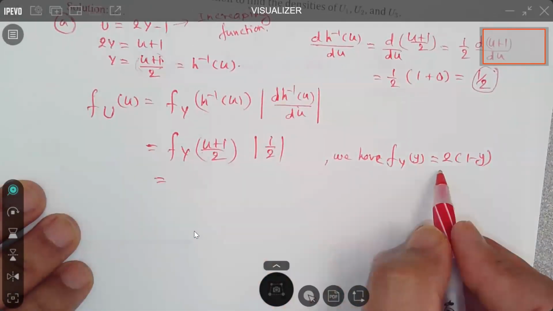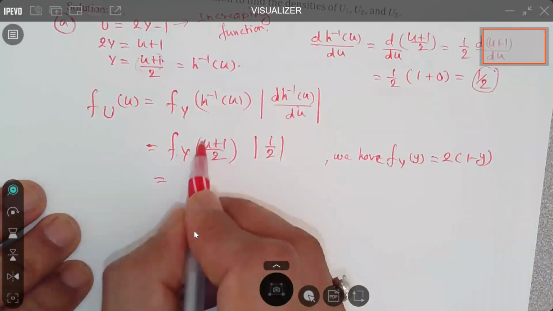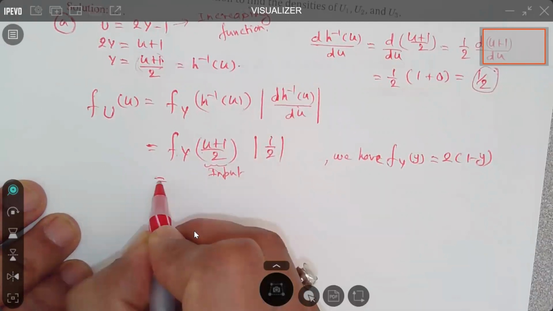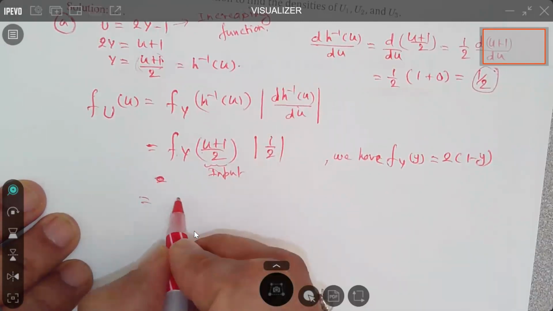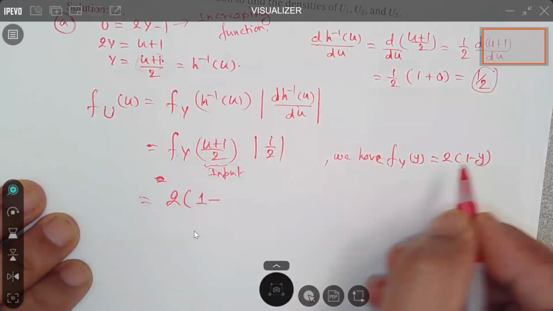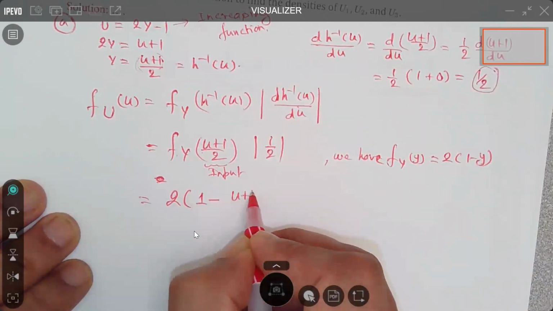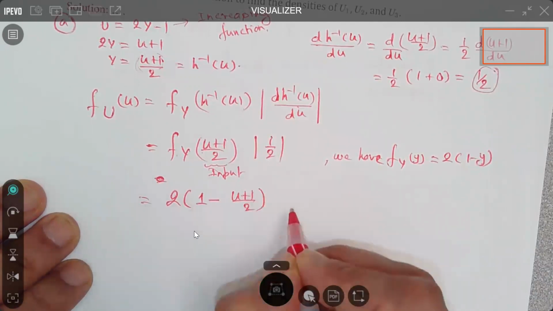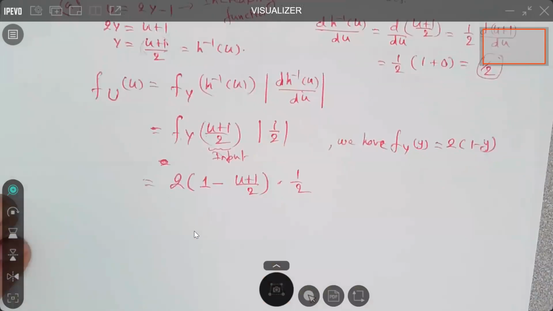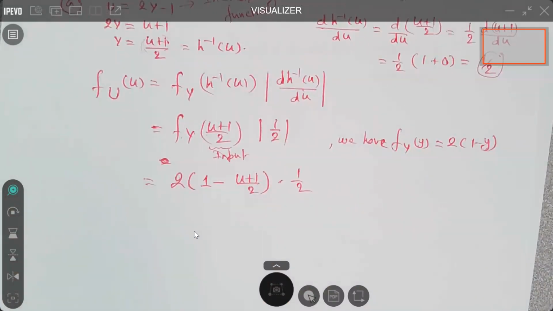So this is Fy, so this is the input here. This is equal to 2 times (1 minus, in place of y, you have u plus 1 over 2) times 1 over 2, right?